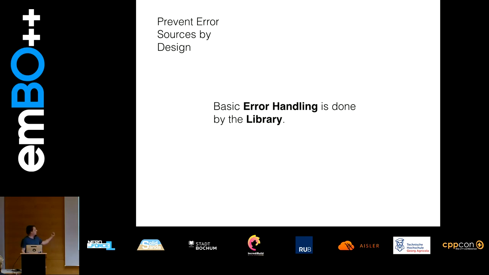And as I have shown in the previous example, a lot of error handling can be done by the library if you give the library enough information to do so. And you can even check a lot of errors at compile time with this approach.